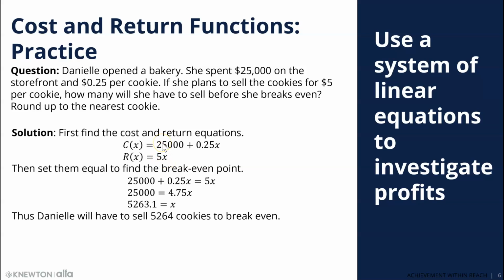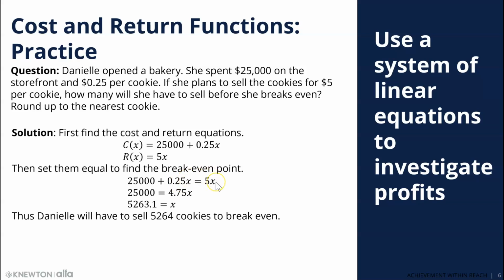Now, to get the value of x to reach a break-even point, you would need to equate the two equations. So the cost function is equal to the revenue function. The x that satisfies this equation is the break-even point. So you just need to solve the equation here.